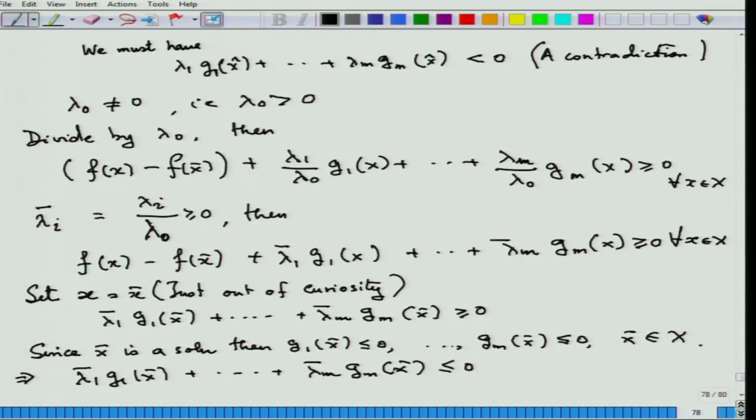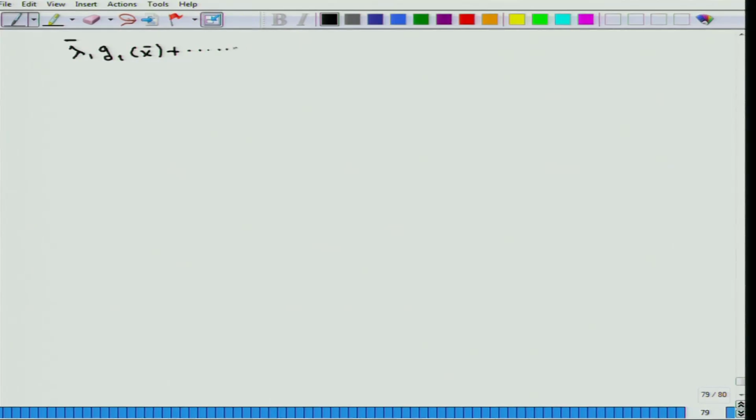I have these two equations to compare, and this would result in the fact that lambda 1 bar g1(x bar) equals 0.